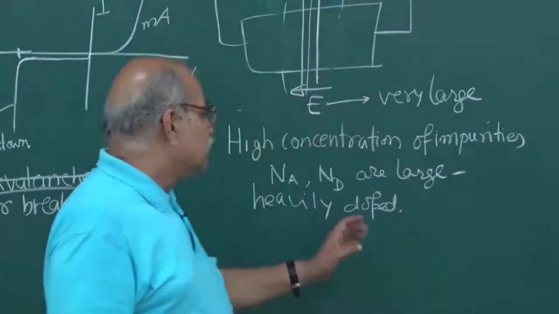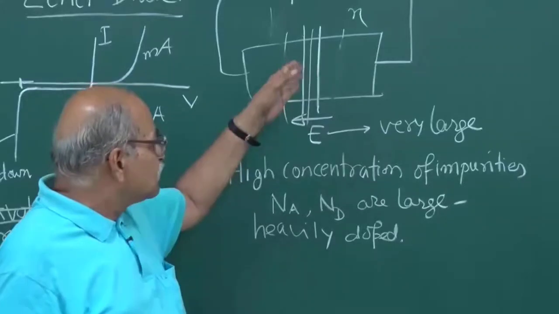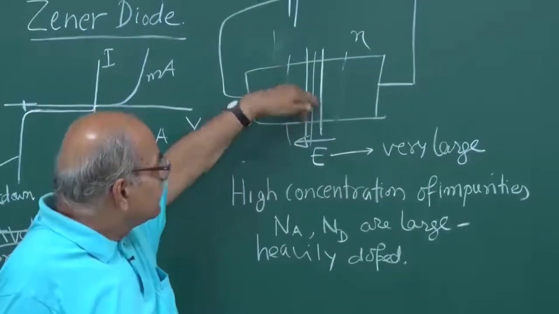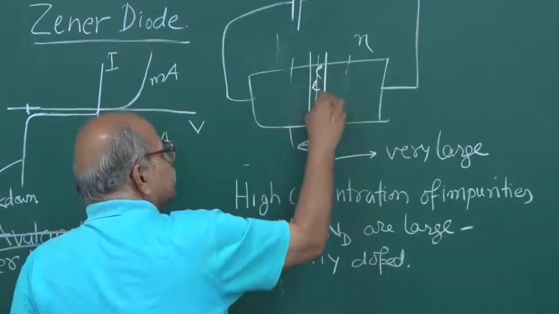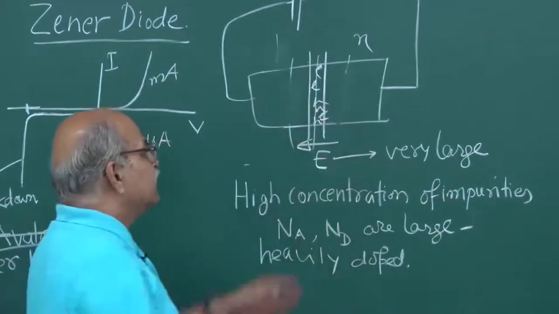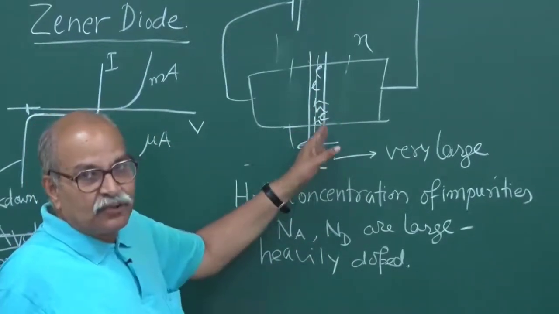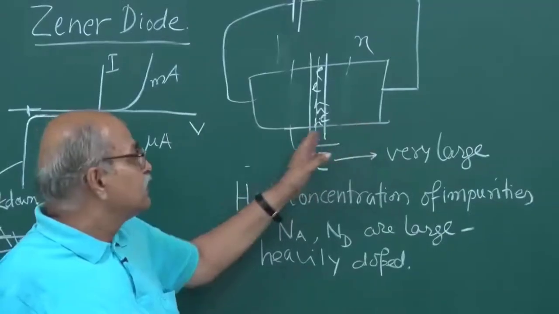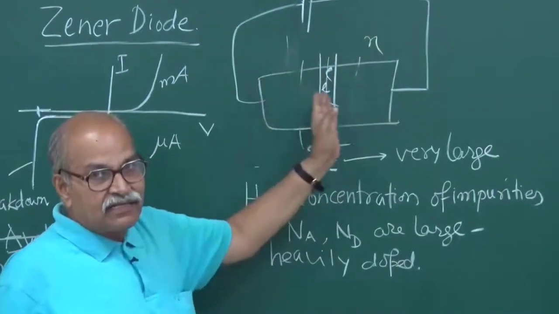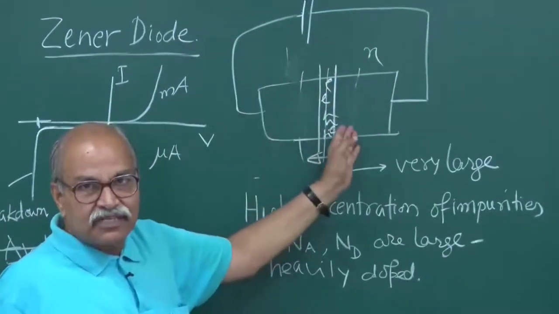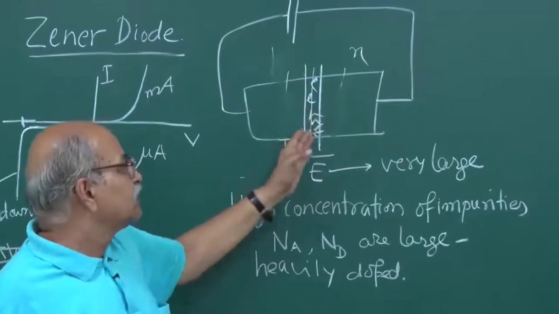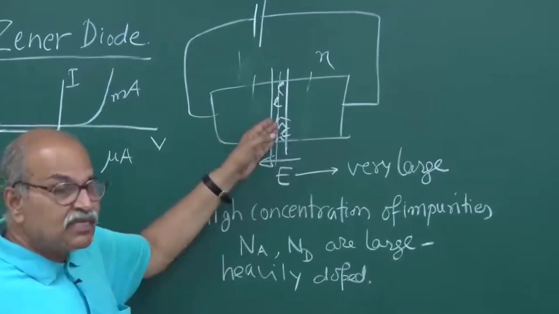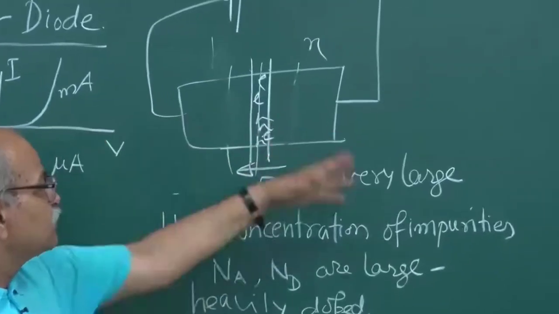Once this process starts, because of the strong electric field, electron-hole pairs are created in this region, and the moment they are created, remember this electric field is there to sweep them and give rise to that current. So you can have a very large current in reverse bias, because a lot of electron-hole pairs are continuously being produced and the electric field is sweeping them.